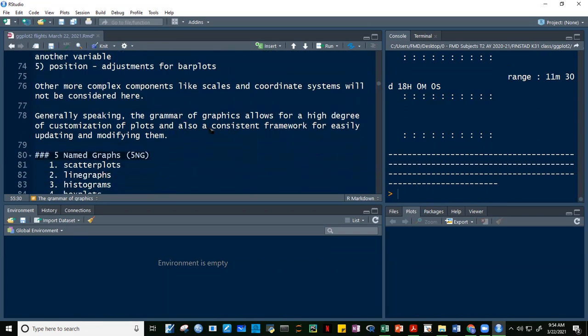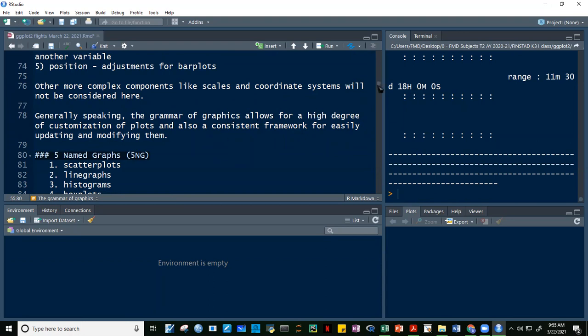Okay. Generally, GG or grammar of graphics allows for a high degree of customization of plots. You'll be surprised how powerful ggplot2 is. Kahit simpleng mga codes lang, guys, madali tayong makakagawa ng mga plots.